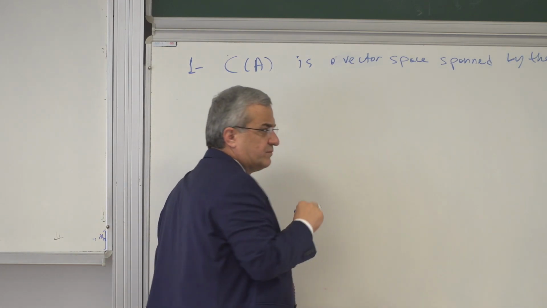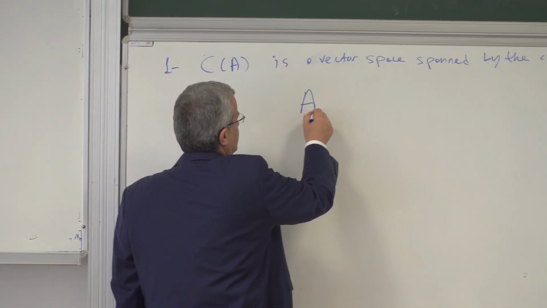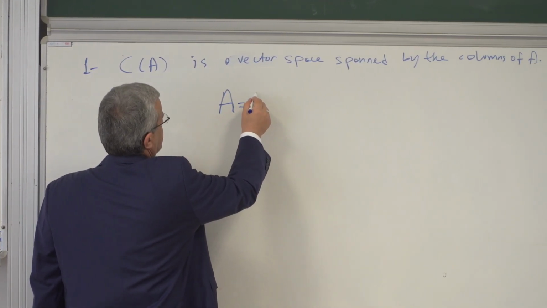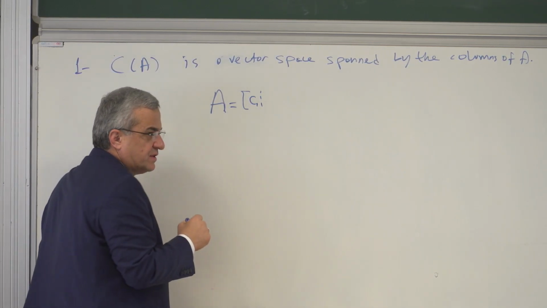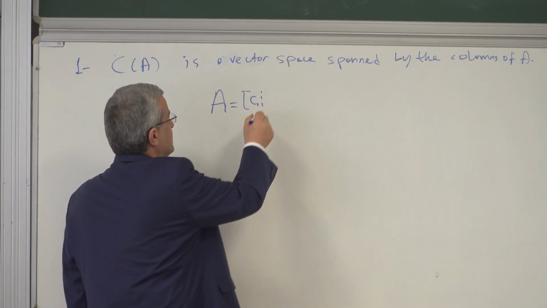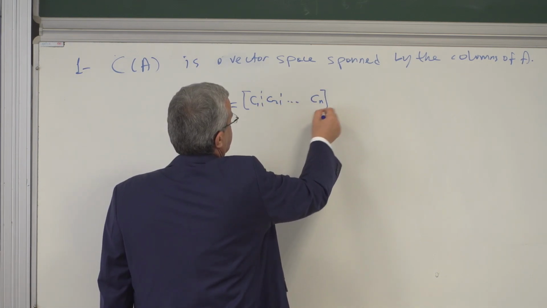So what do we mean? This is what we mean. So you have A, okay? So A is C1, meaning first column, C2, Cn.